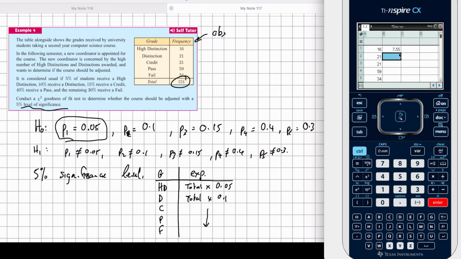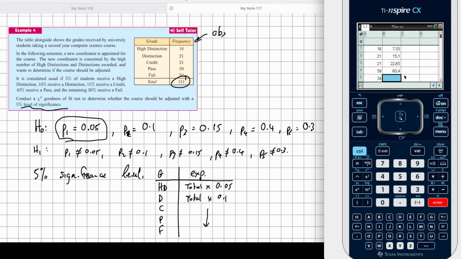So that's the expected frequency. The expected frequency is equal to the total number of people times the likelihood of it happening according to the distribution. Equals 151 times the probability 0.15. Equals 151 times 0.4.